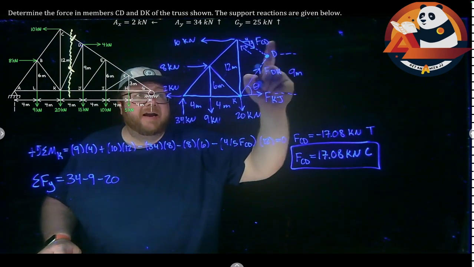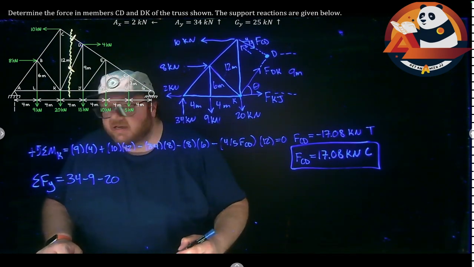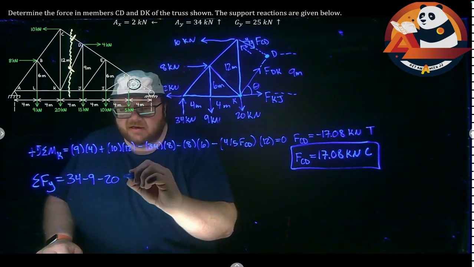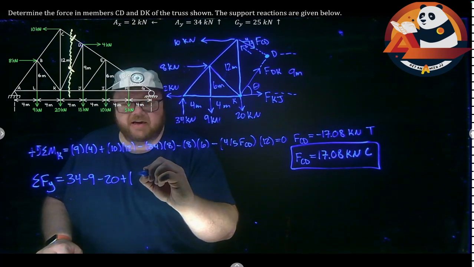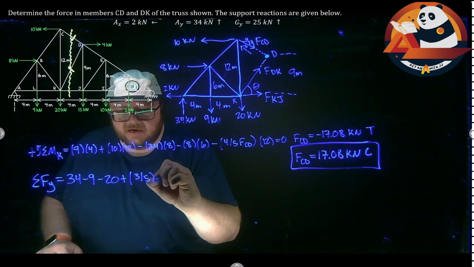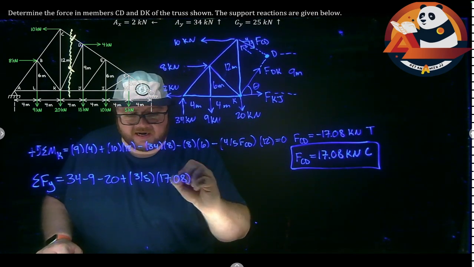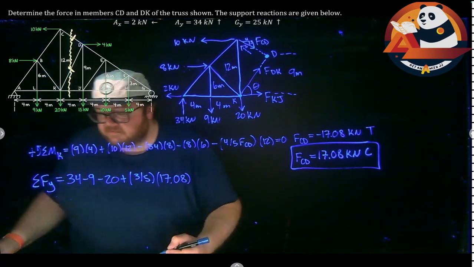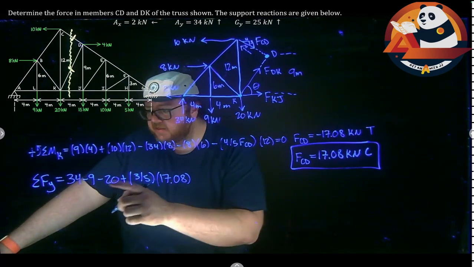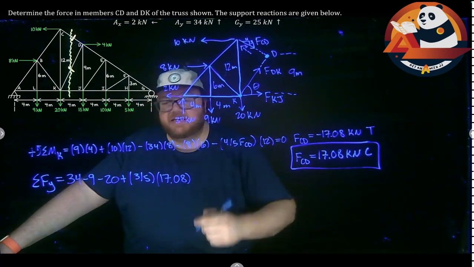And I'll add in FCD's y component because we know it's really going up. So plus 3/5 of FCD, 17.08. I got the 9, the 20. All we're missing is our FDK.